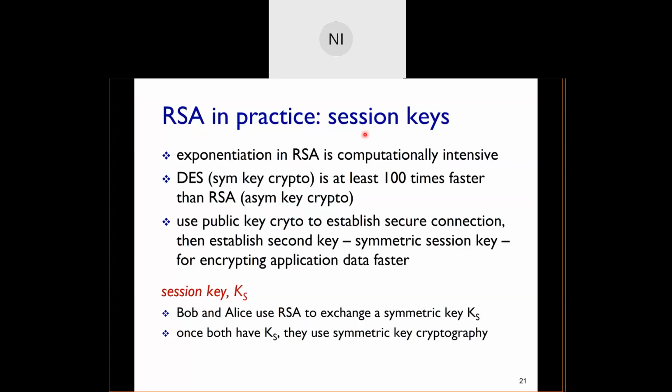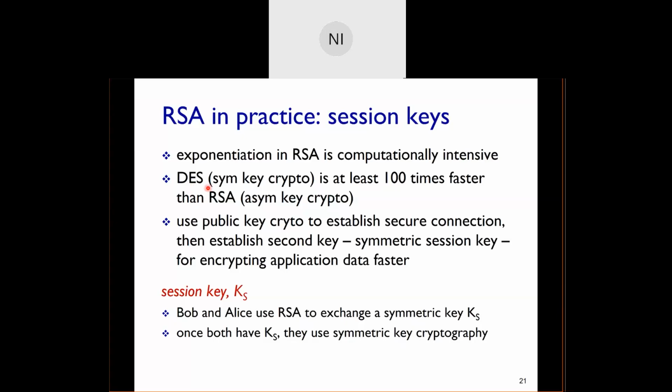The reason we do this is that RSA, because of the exponentiation involved in encryption and decryption, is quite time consuming compared to using DES or other symmetric cryptographic algorithms.